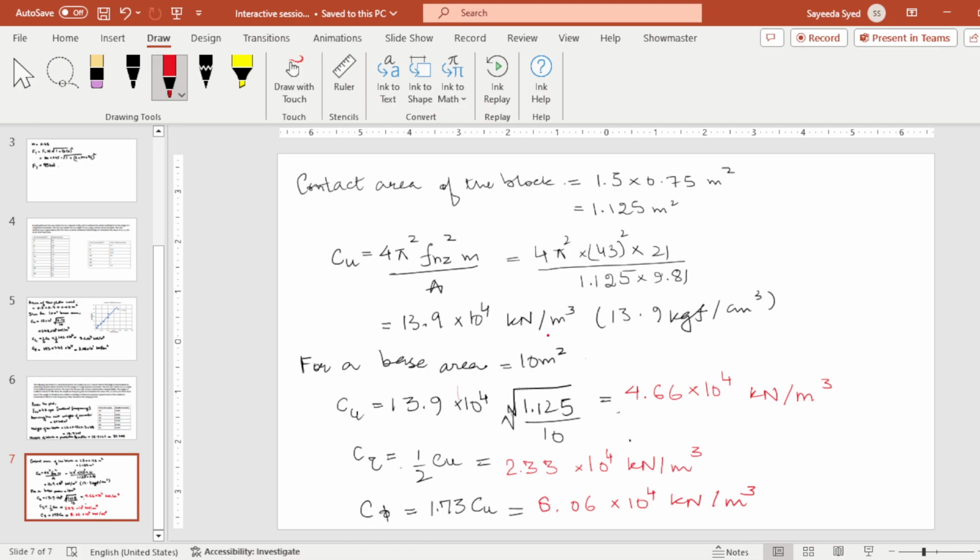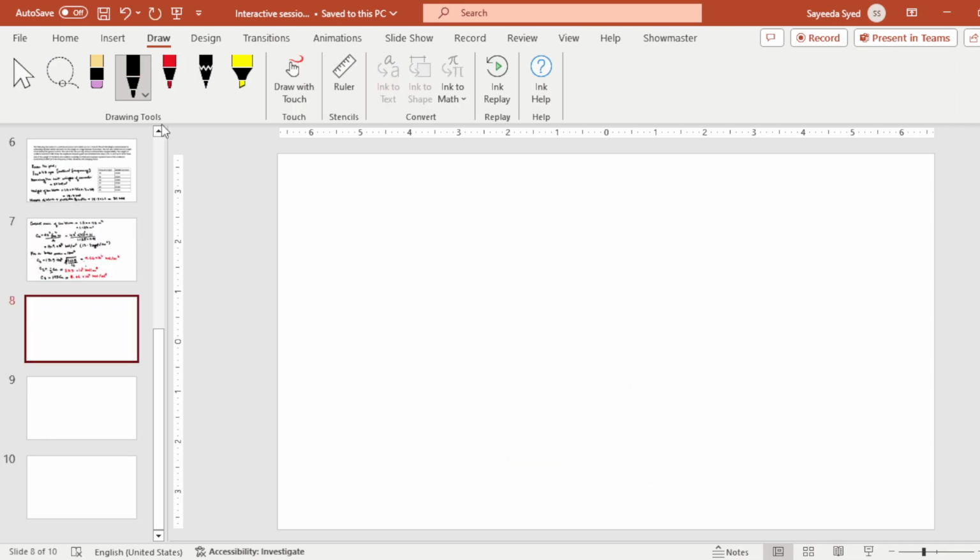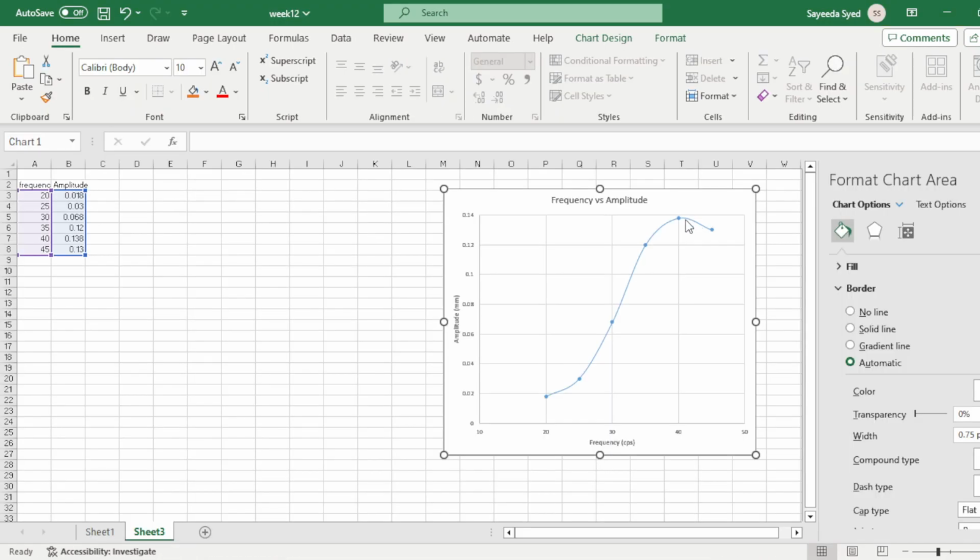Let's move on to the third part. Now if we look at the graph, at our peak frequency, our natural frequency, we have an amplitude of 0.14 mm.